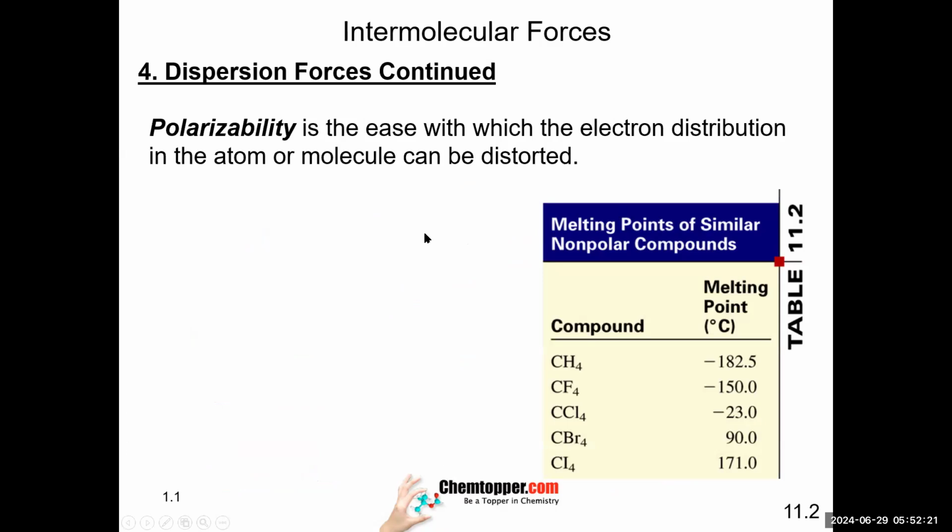I was telling you to practice this word. Polarizability is how easily that electron cloud can be polarized or can be distorted to create a dipole. Distorted, right? Now this is an unpolarized non-polar molecule, but this is now polarized. There is an induced dipole.